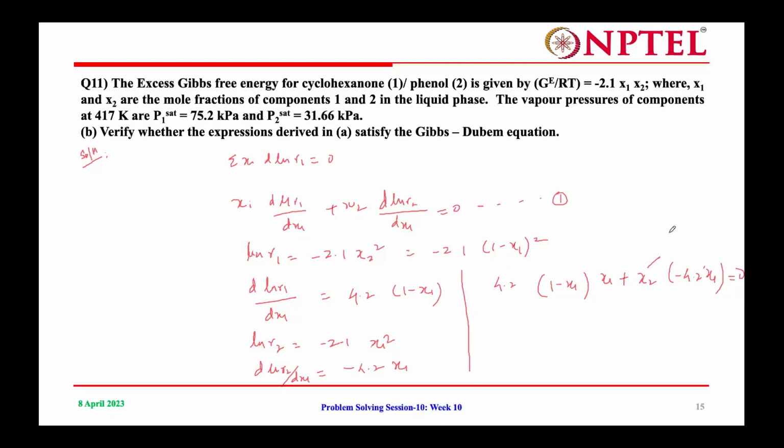So write x2 as 1 minus x1. So both the terms cancel, and we get 0 equal to 0. So the derived equation for the activity coefficient satisfies the Gibbs-Duhem equation. Have all of you got it clear or not?